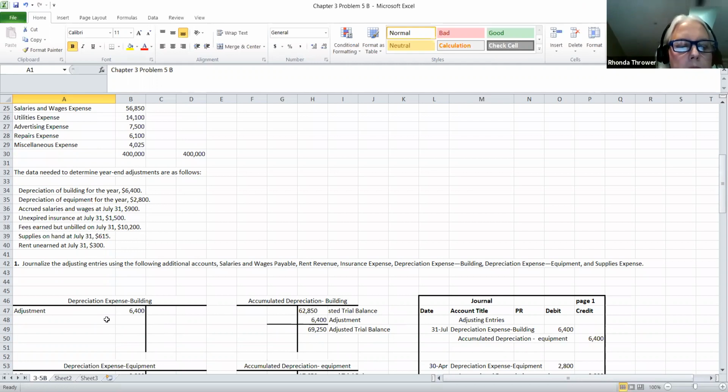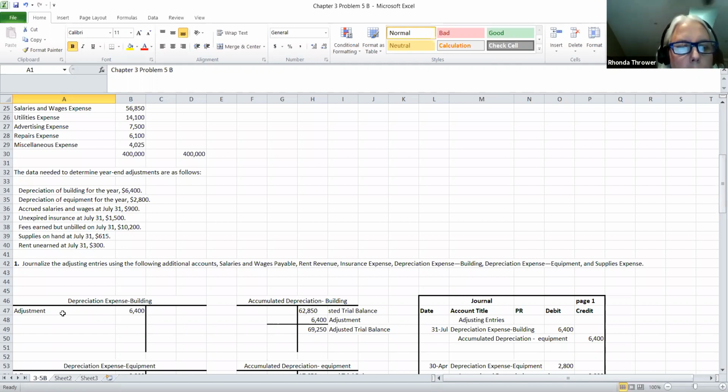for the amount of the depreciation expense, what's important is that you know that depreciation expense is an expense account, and that every year that you depreciate at the end of the accounting period, we will debit the depreciation expense account because it is an expense account, and to increase expenses, we would debit.